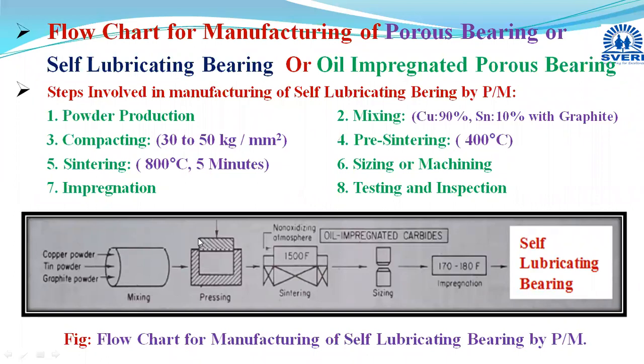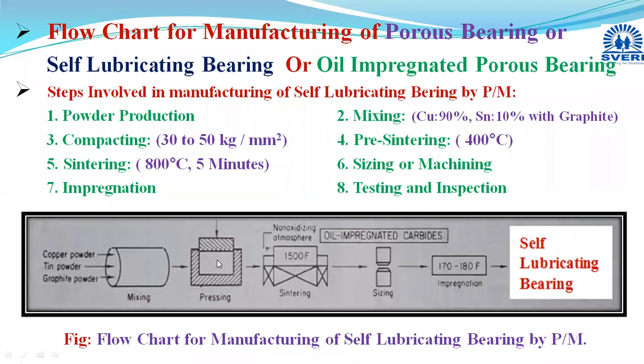After filling it completely, you have to level it with a sweep of the feed shoe, and after that the pressing is done. In this compacting, three steps will be there. This is the first stage, filling the powder in the die cavity. Then in the second stage we do the actual pressing, where we apply the pressure.